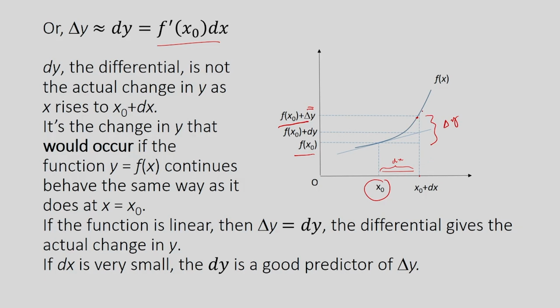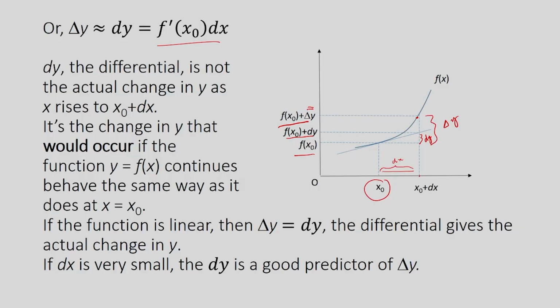What is dy? dy is not that one, dy is equal to f dash of x0 multiplied by dx. So, geometrically how we can understand that is that dy is this particular value. Okay, this is the value of dy, and I have written that here also, because this entire value is f of x0 plus dy.